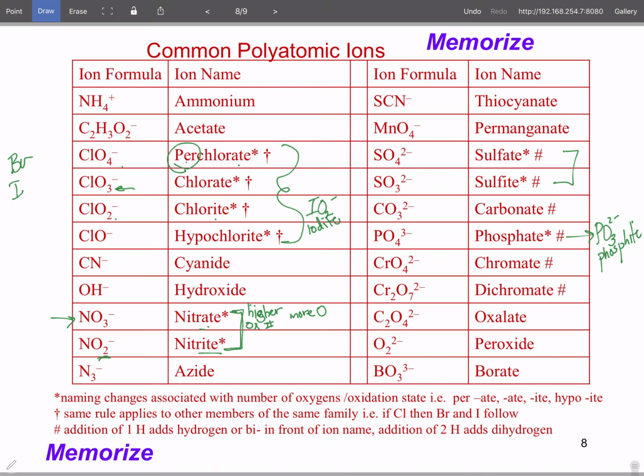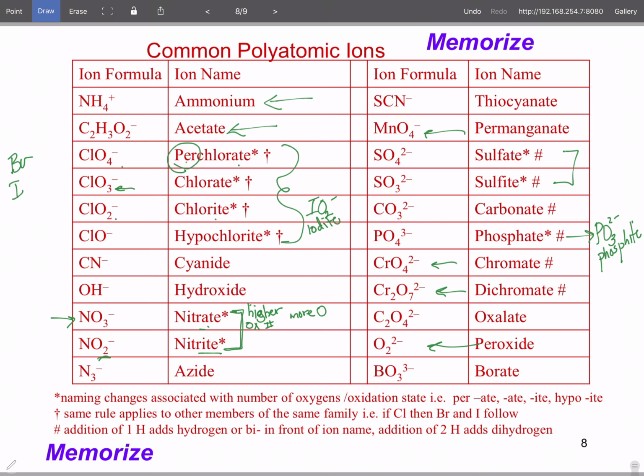Some of them are polyatomics that are all nonmetals. That would be acetate and ammonium. Ammonium is the only positive polyatomic. The rest of them are all negative. Chromate has 1 chromium. Dichromate has 2. We actually did the peroxide earlier.